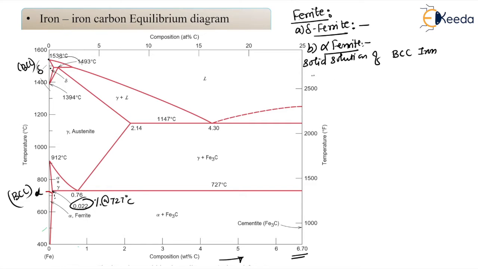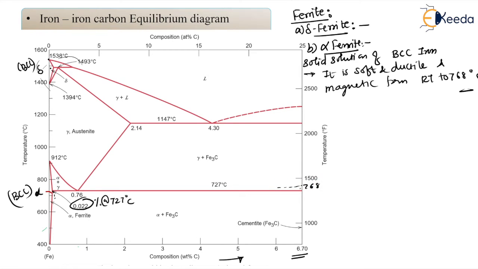Some important properties of this are that it is soft and ductile, and it is magnetic from room temperature up to 768 degrees centigrade. So this is the alpha ferrite.